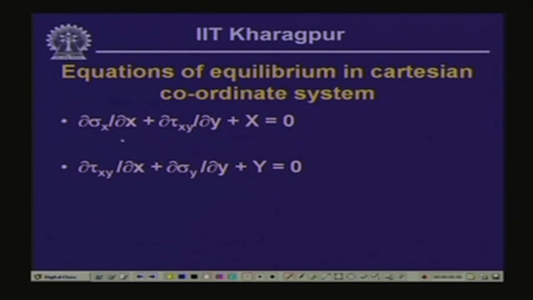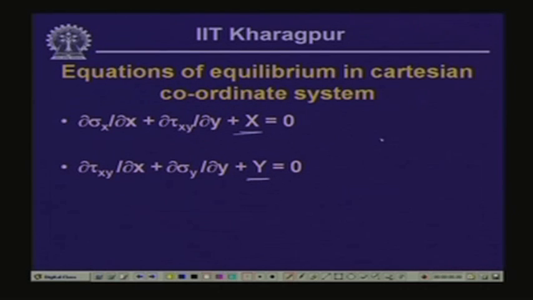they are del sigma x del x plus del tau x y del y plus X equals to 0, and del tau x y del x plus del sigma y del y plus Y equals to 0, where X and Y are the body force components.